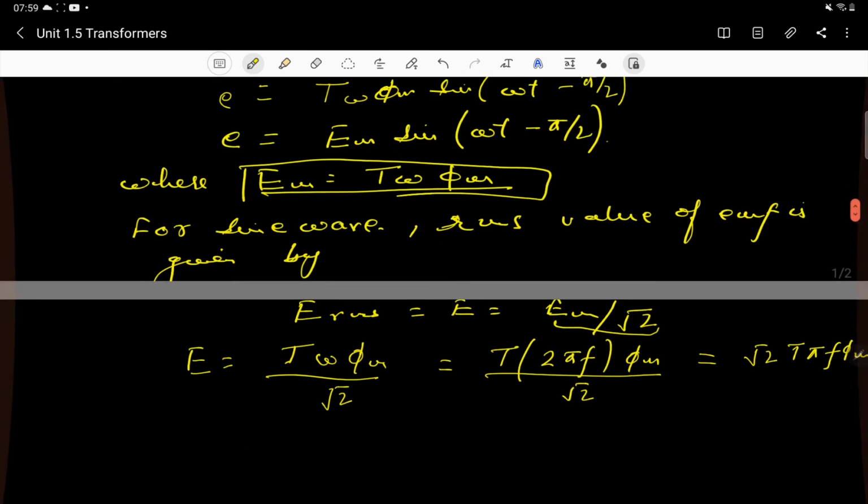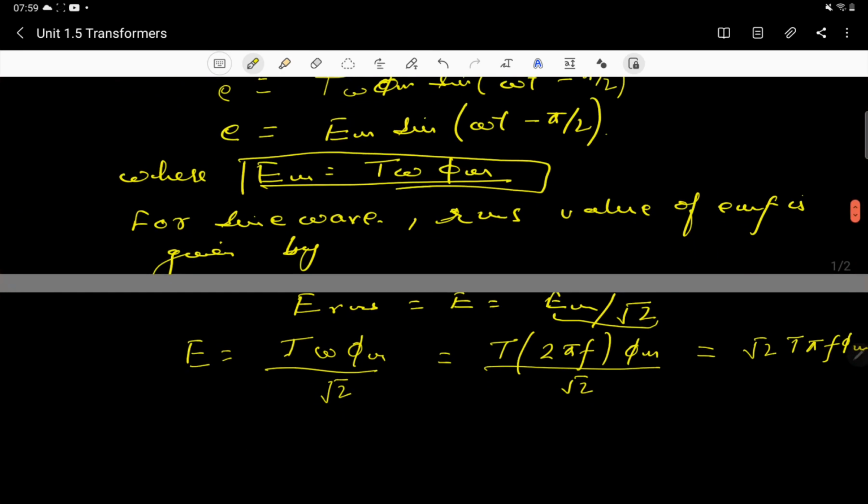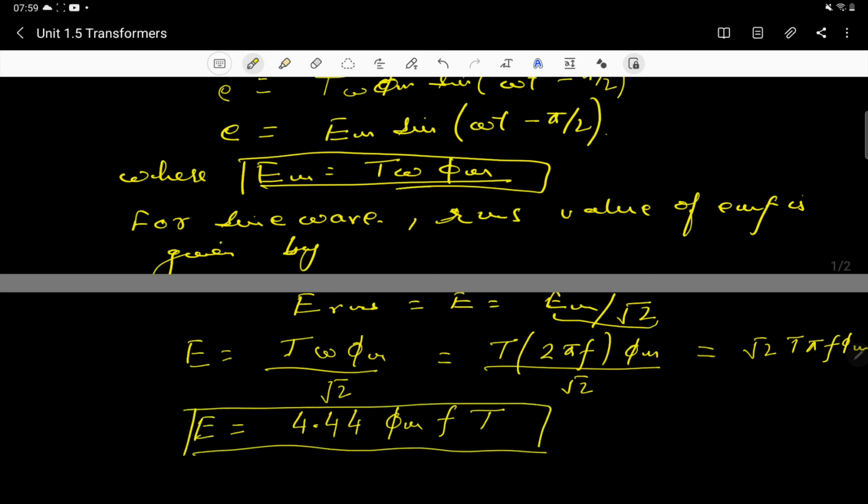We all know the value of pi and root 2. When we multiply root 2 with pi, 3.14, we get 4.44 phi m into frequency into the number of turns. So this is the equation of EMF we got.